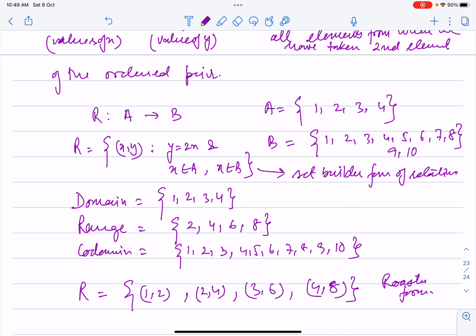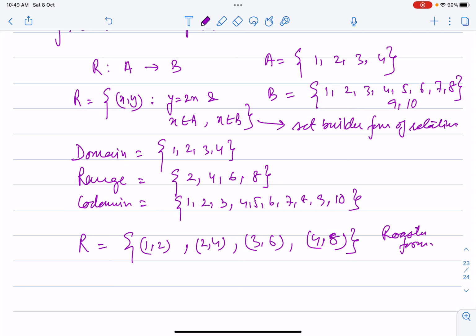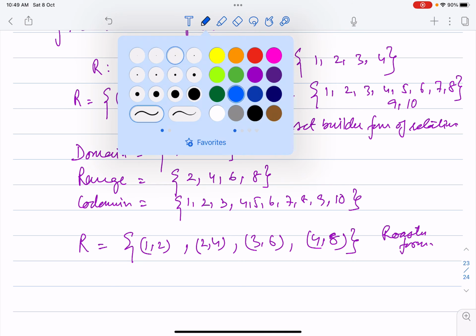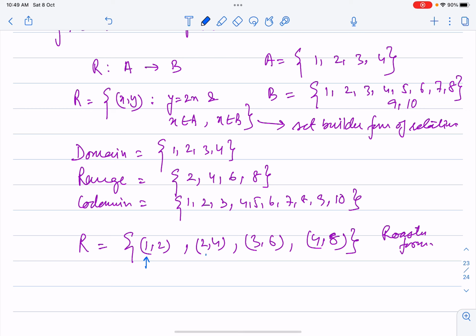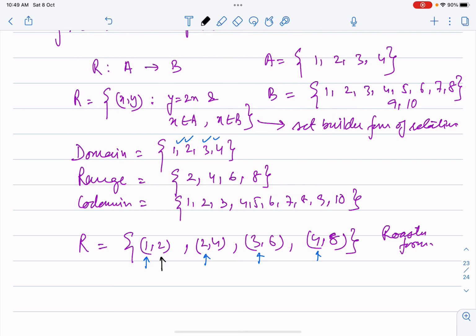This we had learned in the chapter of sets also. Set builder form means we have to clarify what formula is being used, and in the roster form we actually write all the ordered pairs. As we were on this part, the domain is the first elements 1, 2, 3, 4, and the range is the second elements 2, 4, 6, 8.